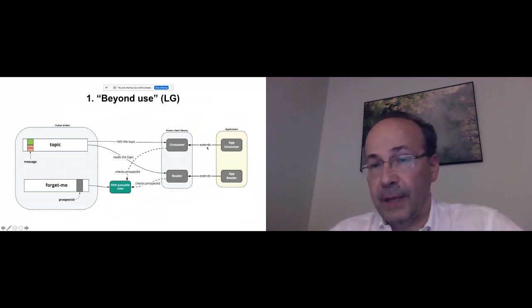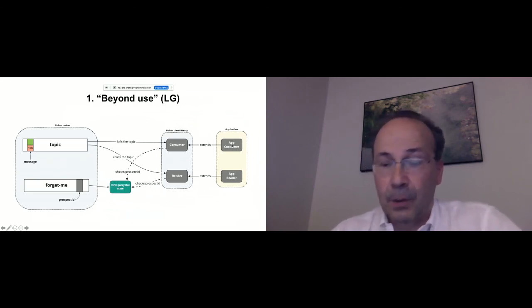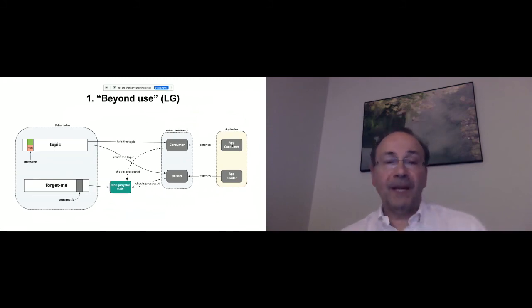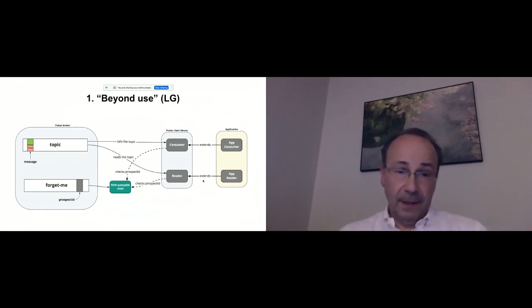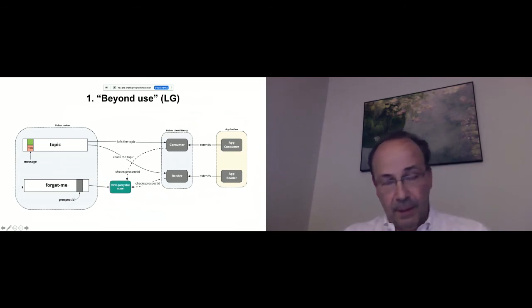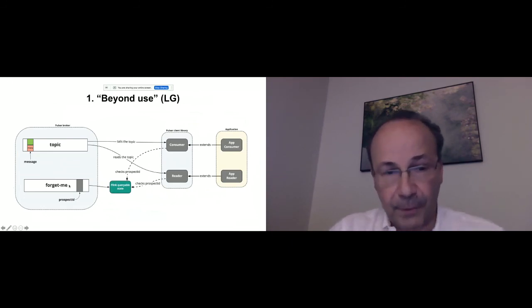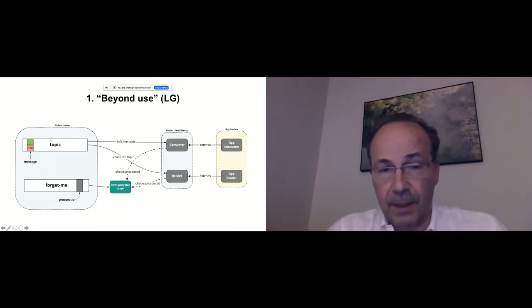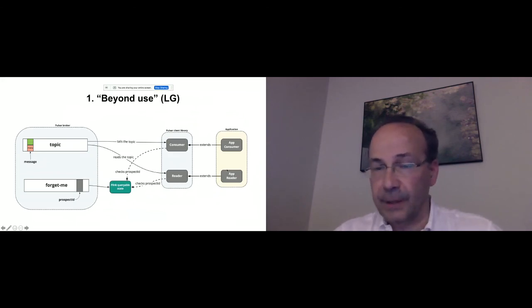And when we are extending and consuming, we get to see only the data that we are about to see. So this has immediate effect. The moment that the forget me topic receives some information, it is applied automatically to the next messages that the consumer or the reader is going to treat.